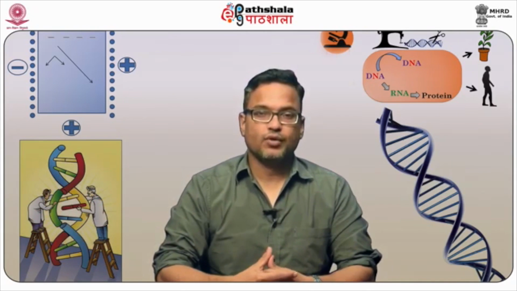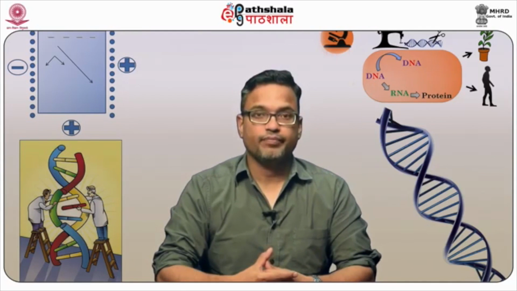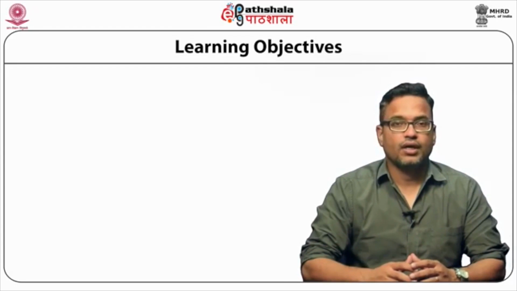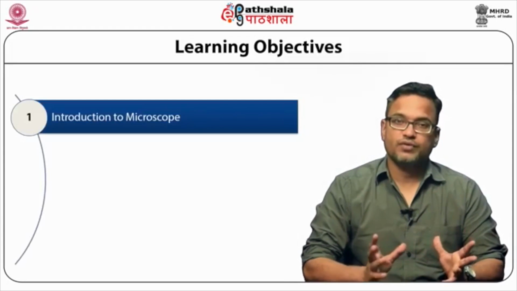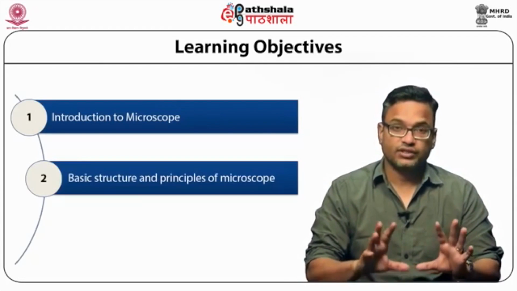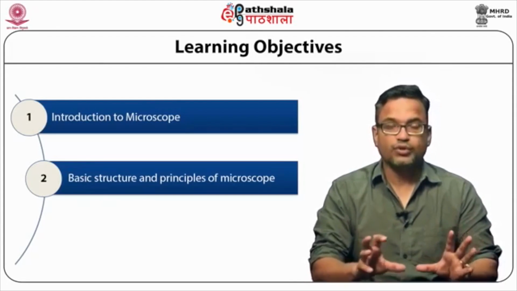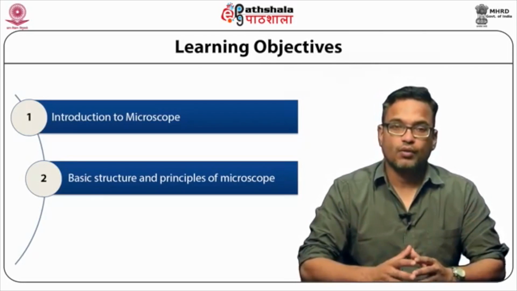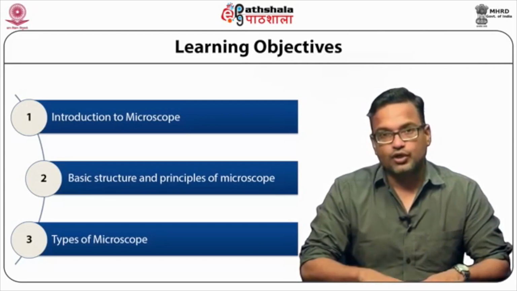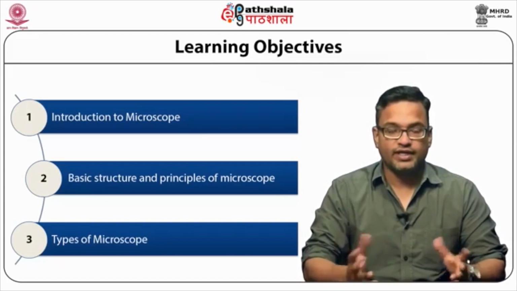Today we are going to discuss a module, Microscope Based Imaging and Application, Part A, under the paper Genetic Engineering and Recombinant DNA Technology, Part 1. After completing this module, we expect that students will understand what exactly a microscope is, the basic structure, principle and components involved in a microscope, and what kinds of microscopes are available for them to utilize based upon their applications.